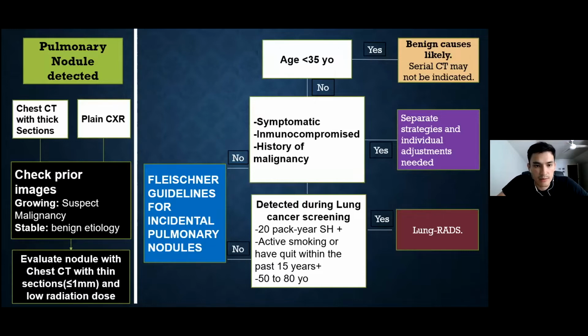Anytime a pulmonary nodule is detected, it's important to know in which imaging modality it was detected. If it is detected in a plain chest X-ray or a chest CT with thick sections, it's important to check prior images and evaluate the nodule properly with a chest CT with thin sections, that is 1 millimeter or less.